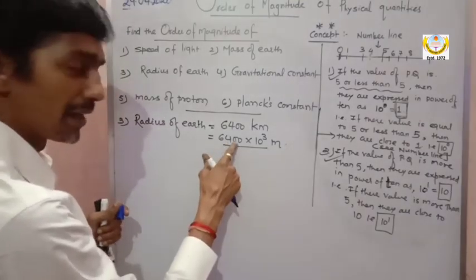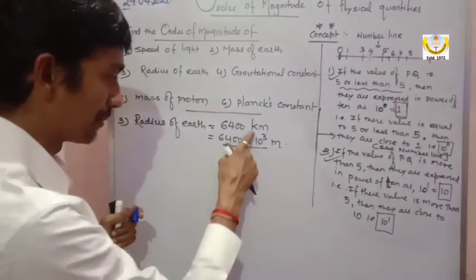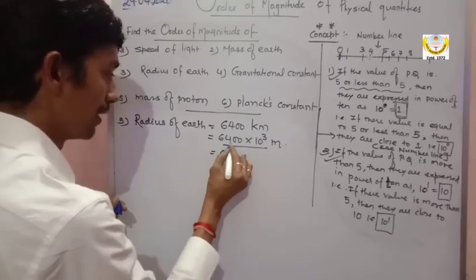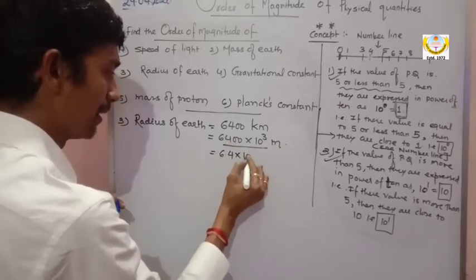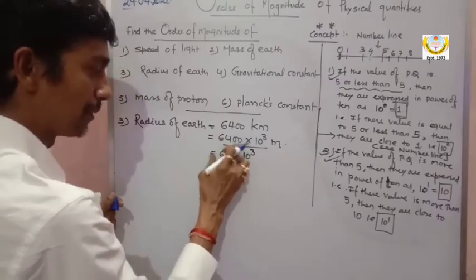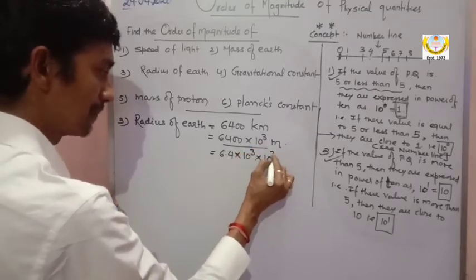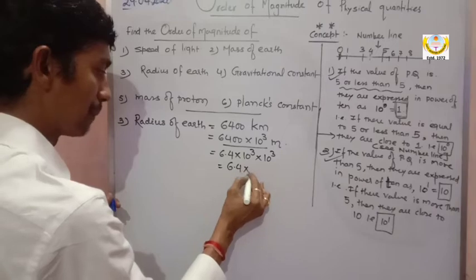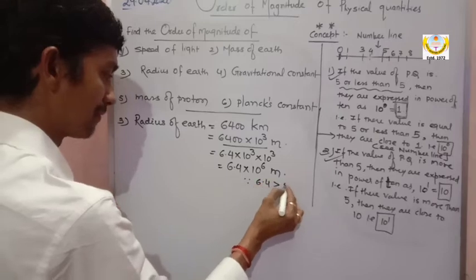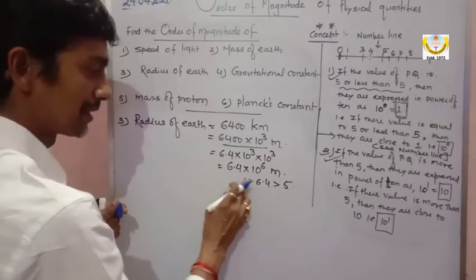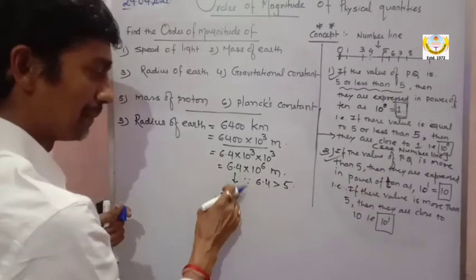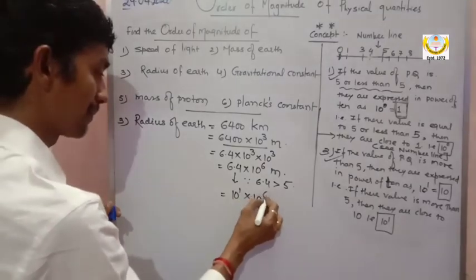So now here I will convert 6,400 first into one digit, after converting to 10 power 3 meter. This can be written as 6.4, and here I have moved 4 places, so the power will be 3. You can see 1, 2, 3. So 6.4 into 10 power 3 into this 10 power 3, that is 6.4 into 10 power 6 meter. Now, since 6.4 is greater than 5, by rule number 2 it can be written as 10 power 1 into 10 power 6.